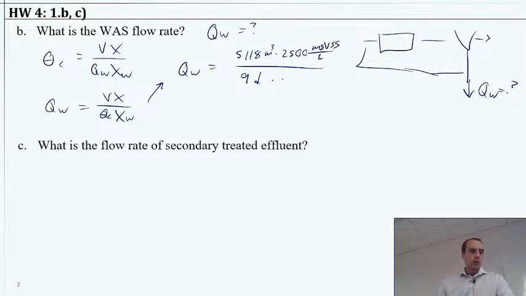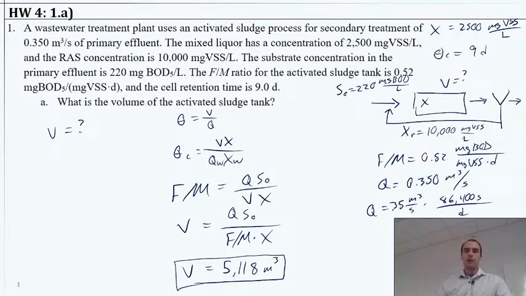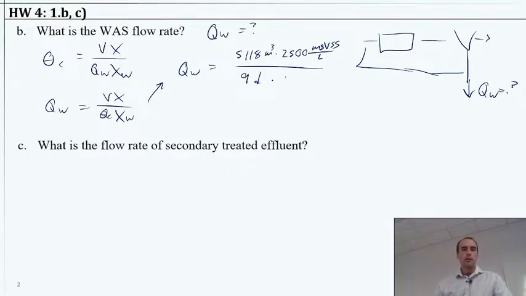And multiply this one, that the concentration in the waste should be essentially the same as the concentration in the recycle, that 10,000 milligrams VSS per liter. Because when we recycle, we're not splitting the concentration here. Okay, so this should be 10,000 milligrams VSS per liter.